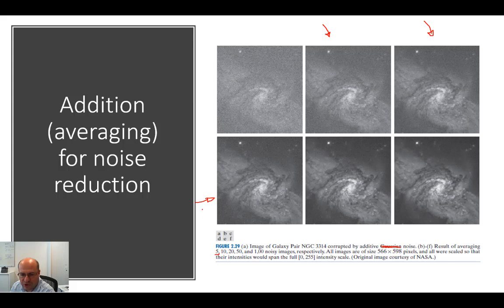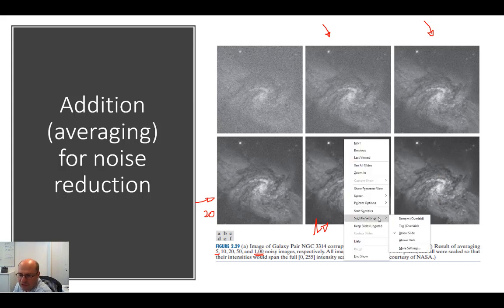This is the average of 20 images, this is the average with 50 images, and this is the average with, this is wrong here, there should be 100 images averaged. So we have a very nice sharp image of the galaxy just by doing sum and division.